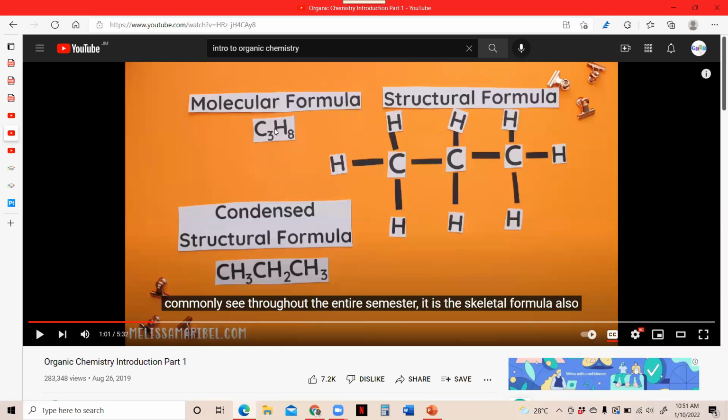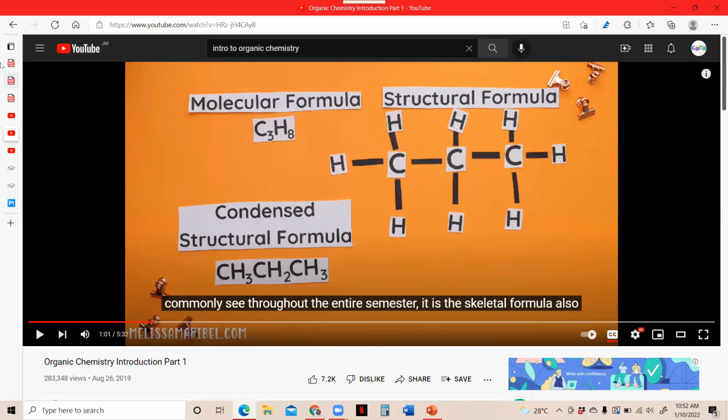A regular molecular formula, just like how you can write NaCl, and you can write H2O, and you can write MgSO4, magnesium sulfate. We're going to write that for organic substances. Organic substances look at structure. And so we're going to start drawing out these formulas.